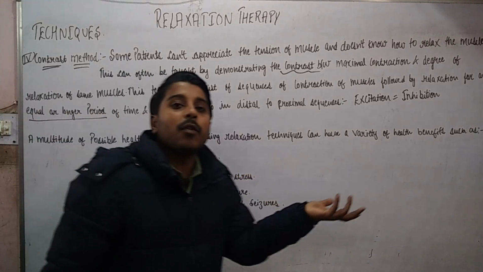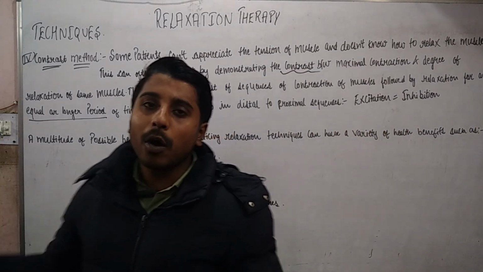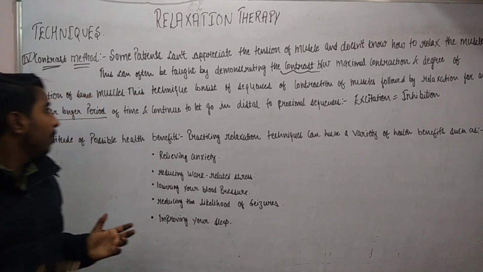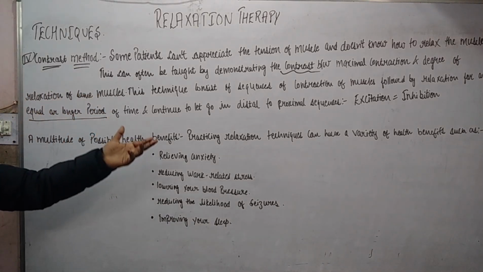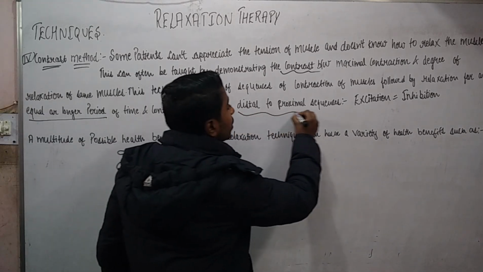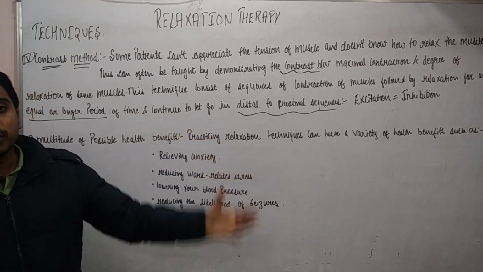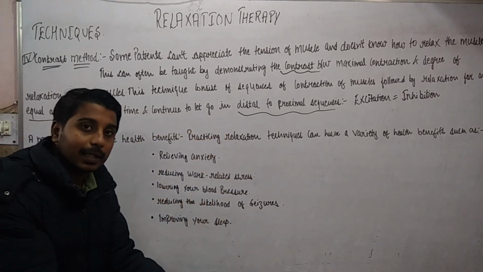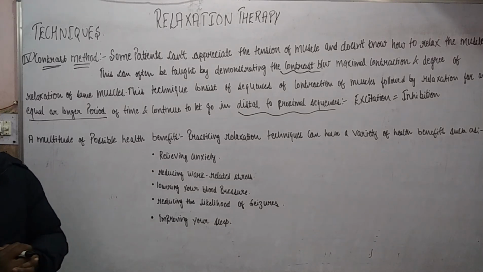The time for which we do contraction and relaxation is either equal, or the relaxation time is a bit more than the contraction time, and we continue to let go in distal to proximal sequence. So first we will target the distal muscle group, then we will move toward the proximal muscle groups.